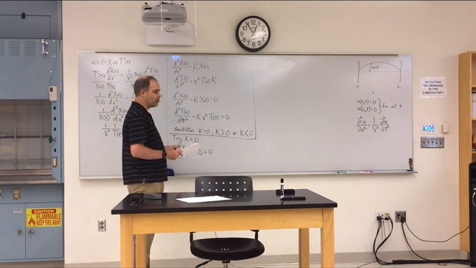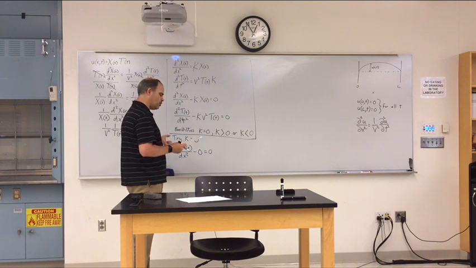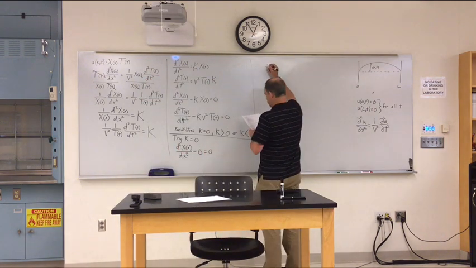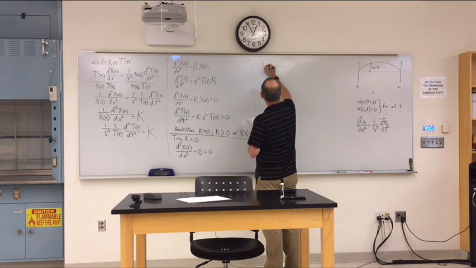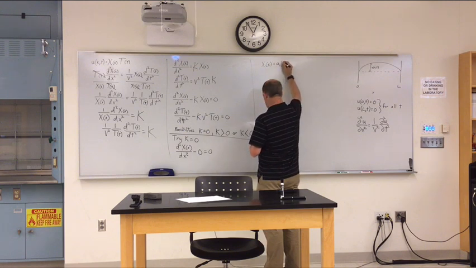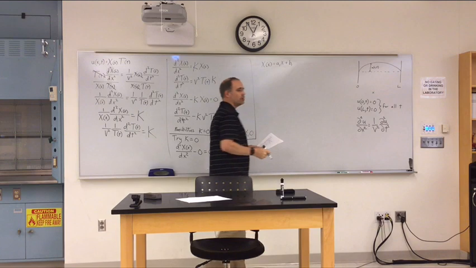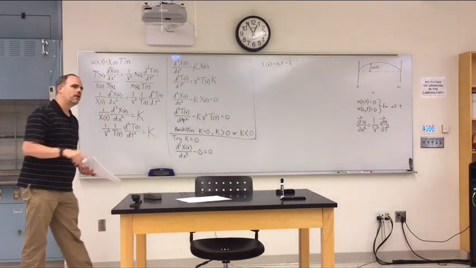In order for the second derivative to be 0, you're looking at a function where X of x would equal some constant times x plus some other constant. Right? If you take the second derivative of that, you get 0.